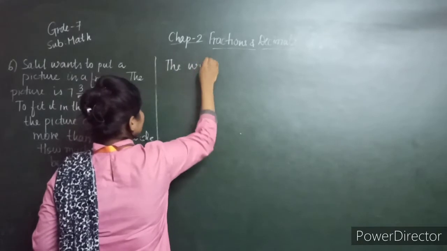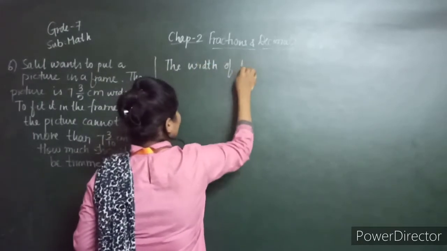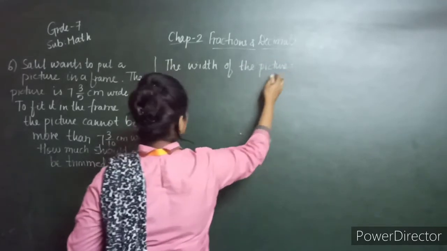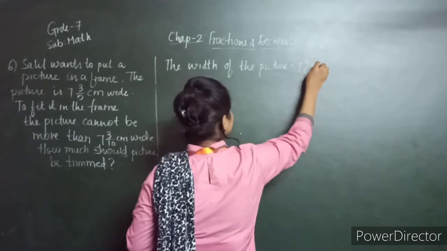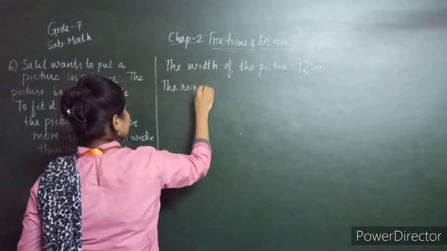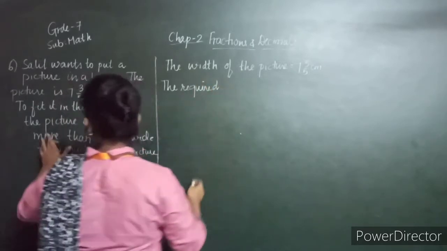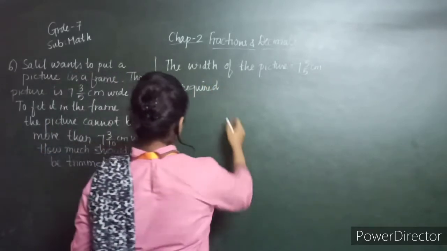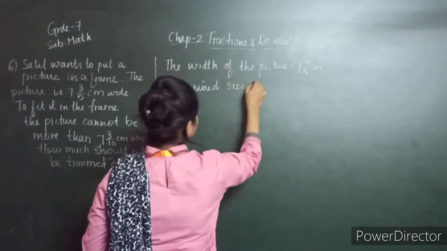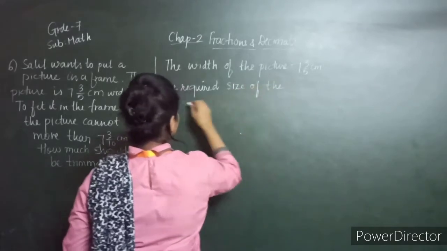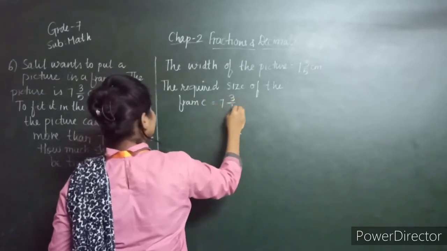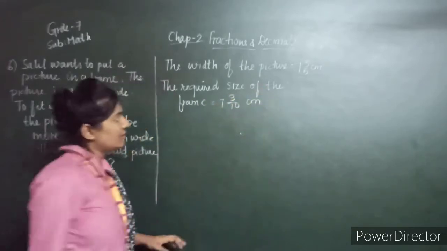The width of the picture is equal to 7 3/5 cm, and the required size of the frame, size of the frame is equal to 7 3/10 cm.